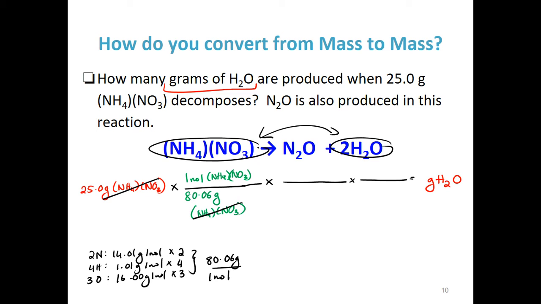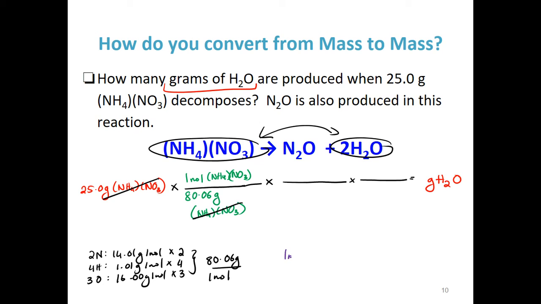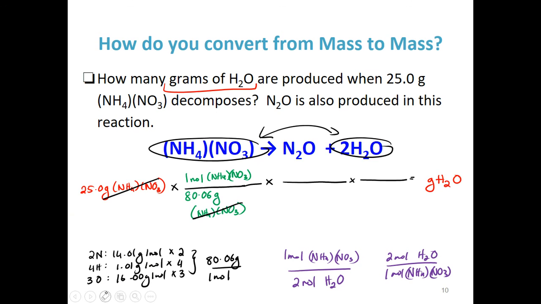Now it's time to compare the mole ratios. So I have 1 mole of NH4NO3 over 2 moles of H2O, or the reverse of this if you flip it, which is going to be 2 moles of H2O over 1 mole of NH4NO3. Okay, so let me erase that.